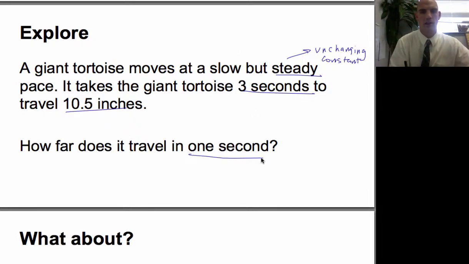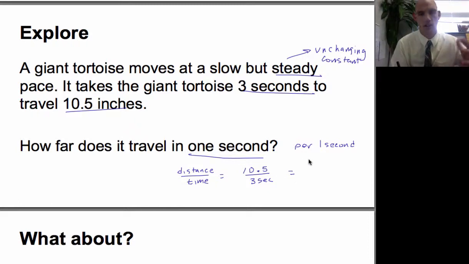In 1 second, well, I have 3, so what I'm going to do is I'm going to say I want per 1 second. So what I need to do is I need to take my total distance and divide by my time. So distance over time equals, so 10.5 divided by 3.